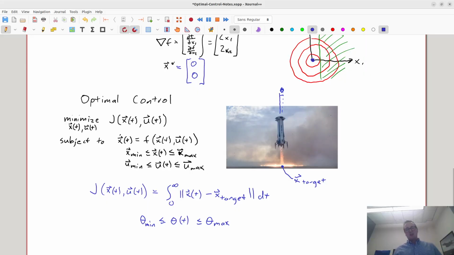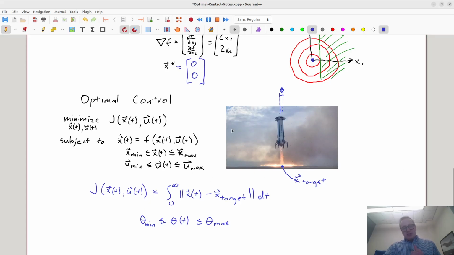Something like that. We also might have constraints on the fuel. There might be actuator constraints, etc. So these constraints are nice because they can keep you from getting in states where you can't recover from, or from hitting things like the launch pad or hitting the ground too fast. So this is why optimal control is useful, because it allows us to reason about these constraints as well as just kind of a linear gain value.